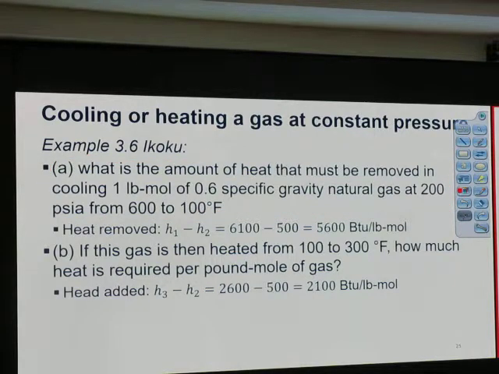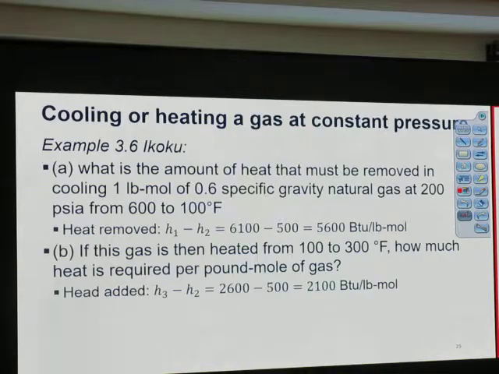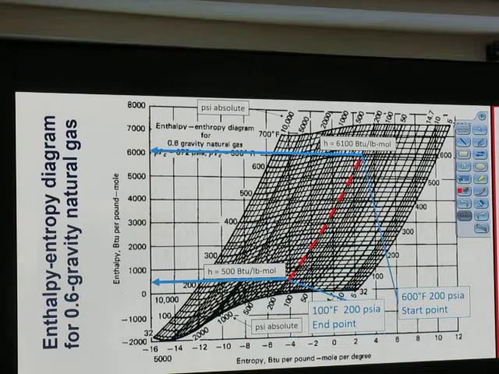So this is a calculation. We have 1 pound mole. We cool it down at constant pressure, and we get that number. Where does that number come from? Okay, let's take a look at this. We cool it down from 600 to 100. 600 at 200 psi.